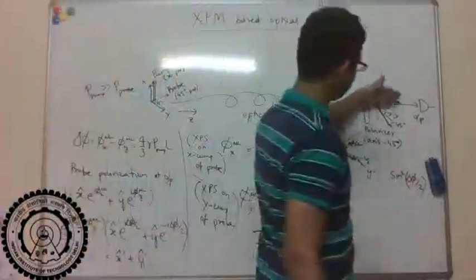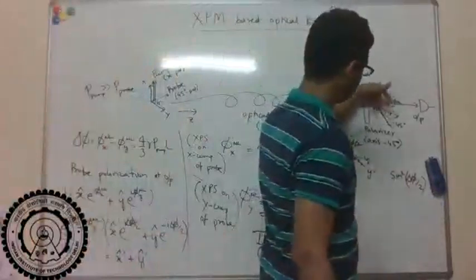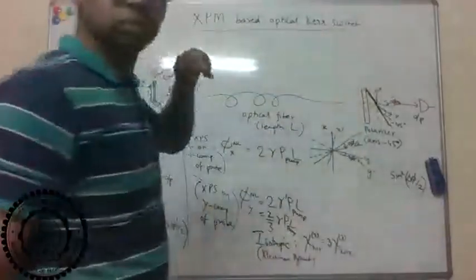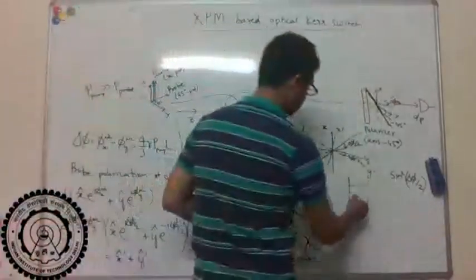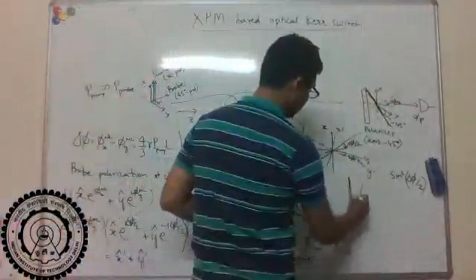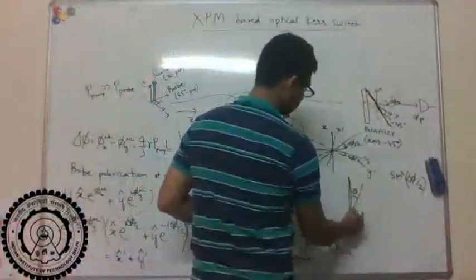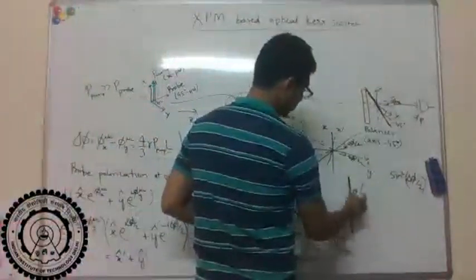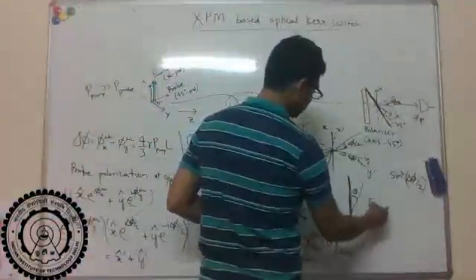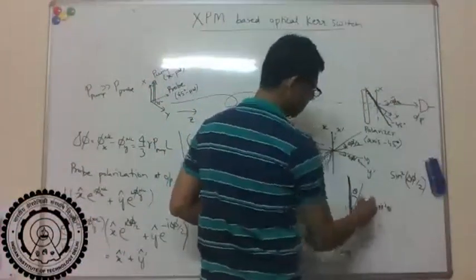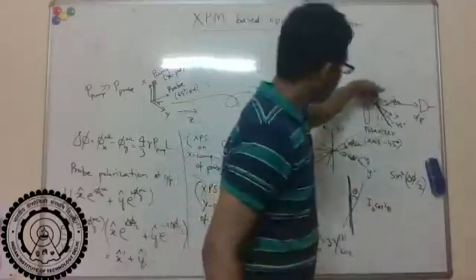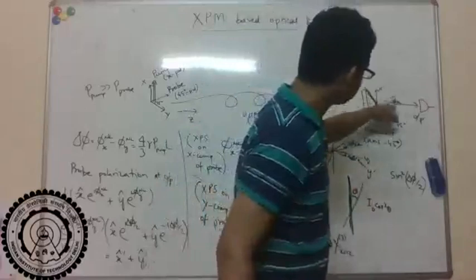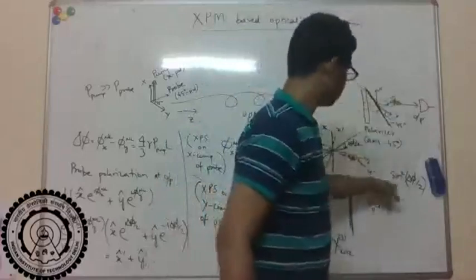That will be the intensity passing through the polarizer. That's just Malus's law. Like you have some polarizer axis and you have input polarization, then the intensity which gets through the polarizer is the input intensity times cosine squared theta. So the angle between the polarizer axis and the probe polarization is 90 minus delta phi by 2. So you get sine square.